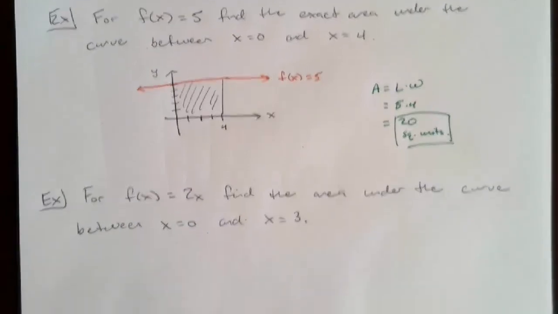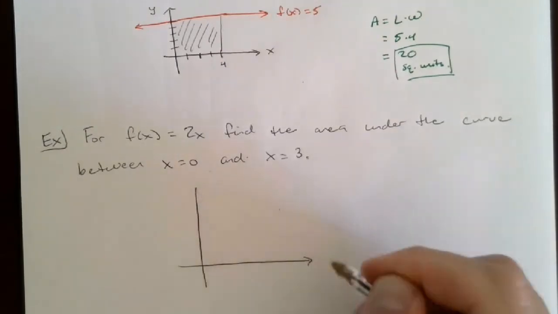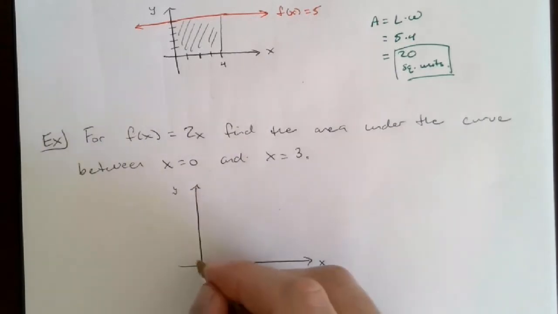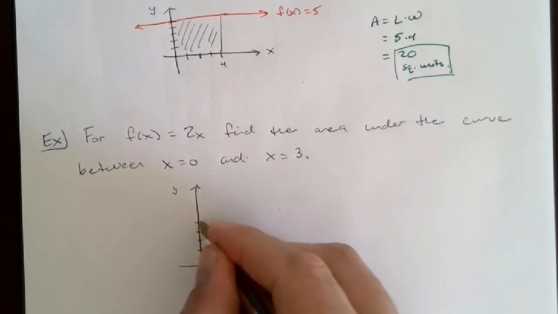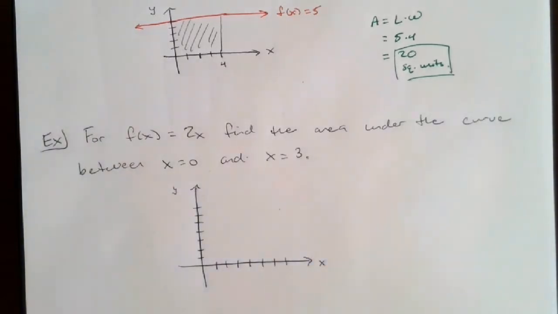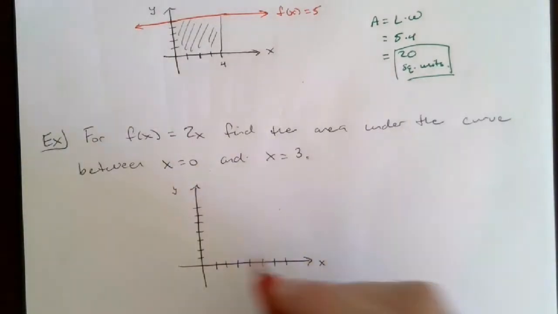Well, let's take a look at what the sketch would look like. So we've got an x-axis, we've got a y-axis, go 1, 2, 3, 4, 5, 6, 7, 1, 2, 3, 4, 5, 6, 7. Let's graph f of x equals 2x. Well, that's the line y equals 2x.